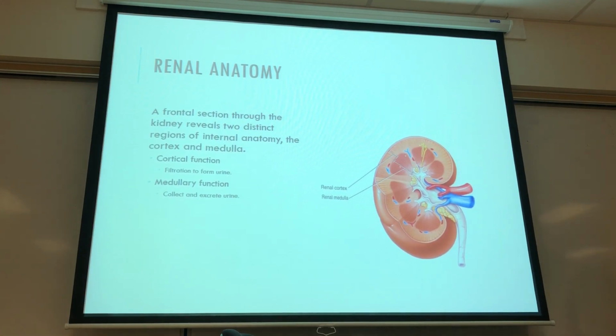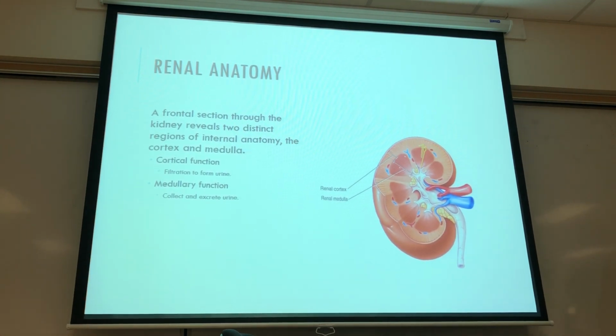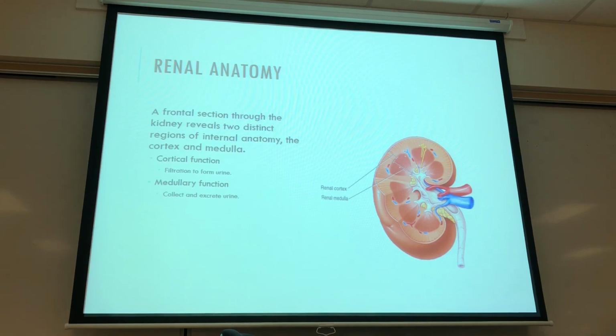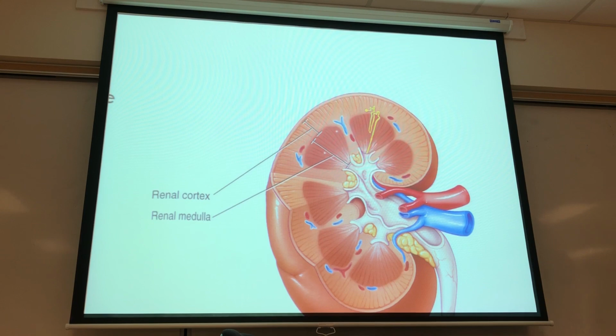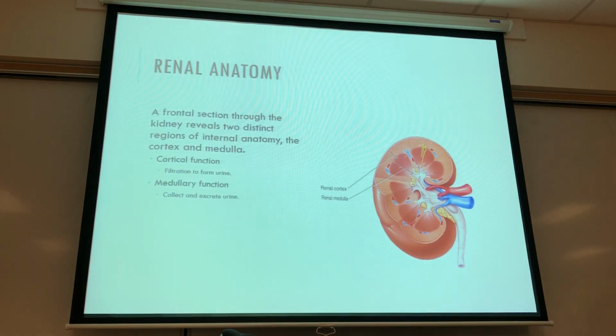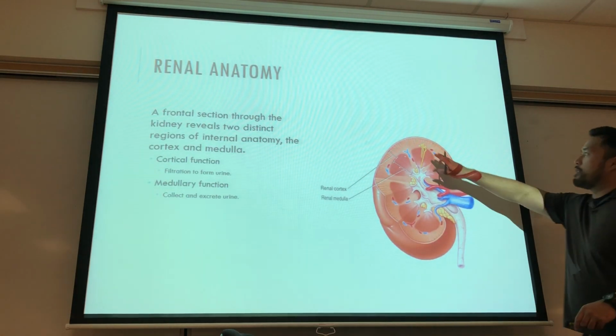Now, if you pay a little attention over to the cortical layer, you're going to see this functional unit, the nephron, and you can see where that's nestled in. So on the cortical layer, you'll be able to see the formation of our dilute urine. And we'll go into specifically the function of that.